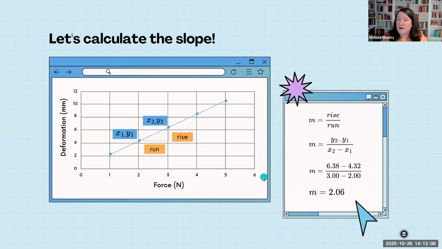And it's over or divided by the x2 value, which was 3, minus the x1 value, which was 2. And once you subtract this and divide, you're going to end up with a slope of 2.06.